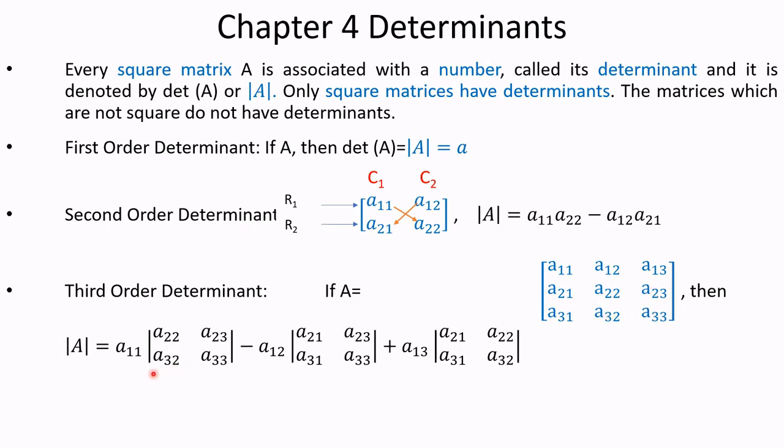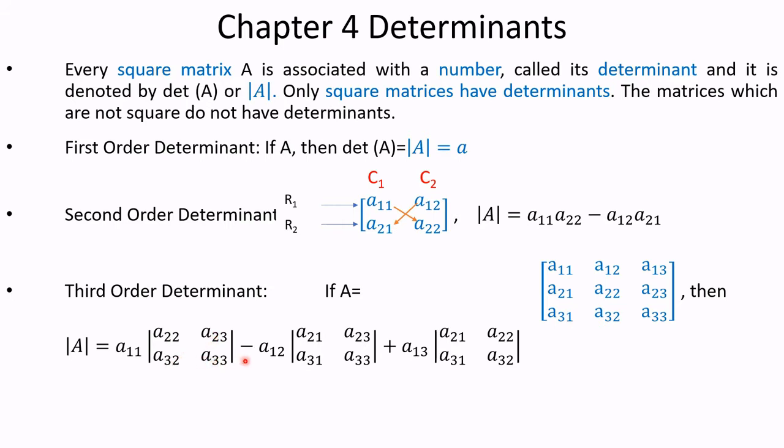So A11 is called the cofactor, and the smaller 2 by 2 determinant is the minor. Similarly, we multiply each cofactor with its minor. By expanding the first row, we get A11 into determinant A22, A23, A32 and A33.